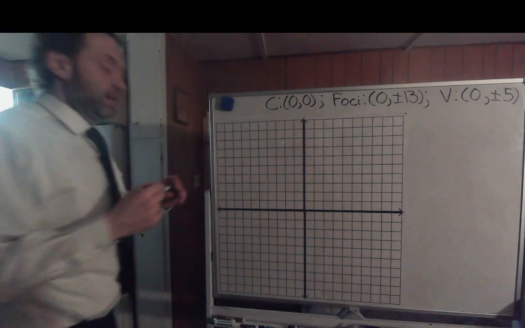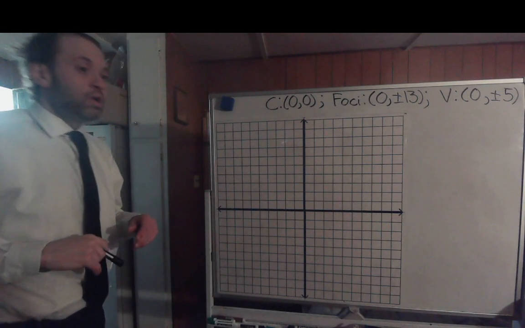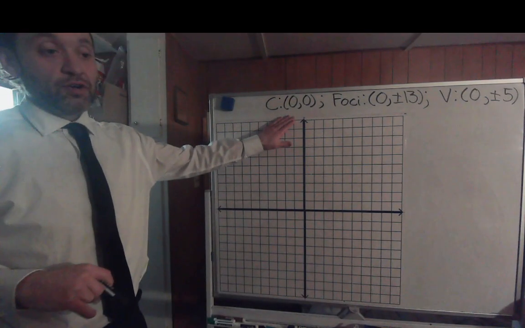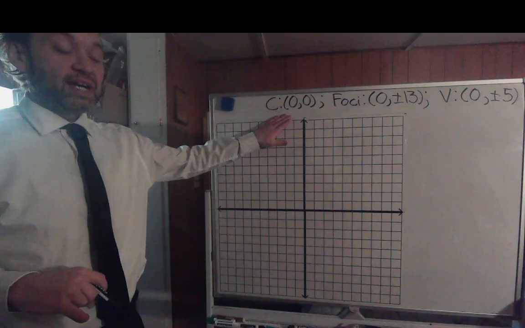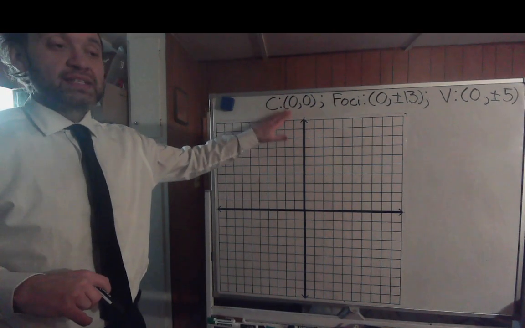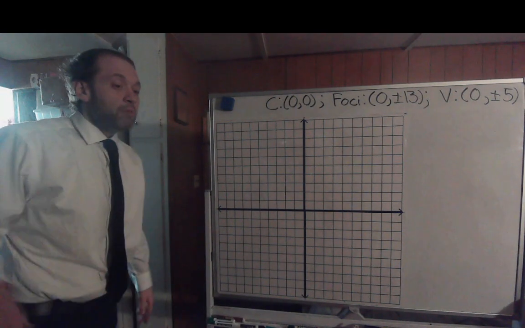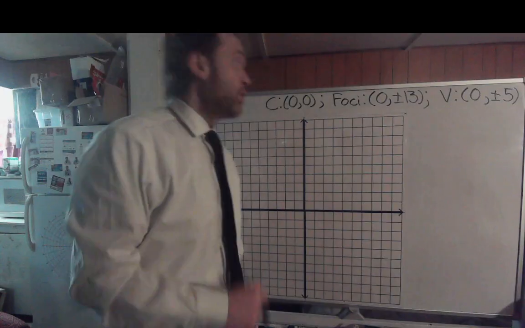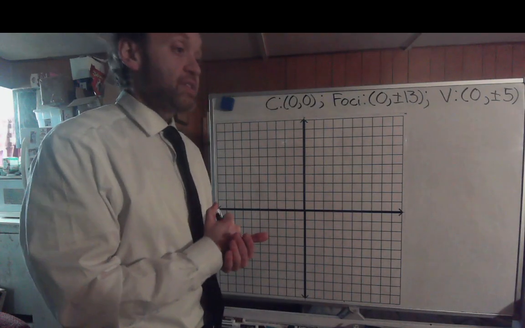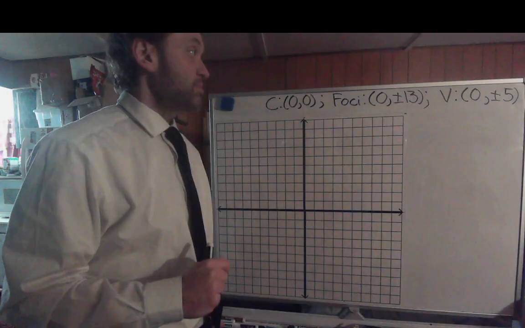So here's the thing, right? We know the center is 0, 0, so whatever form this takes, it's going to be the variable minus 0 squared, which would just give you the variable squared, right? But in this case, you need to figure out which axis is the major axis, because the order of the variable does matter.